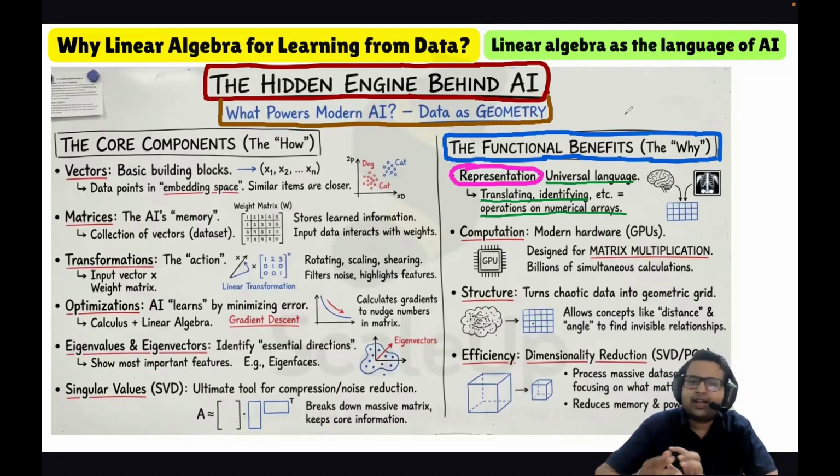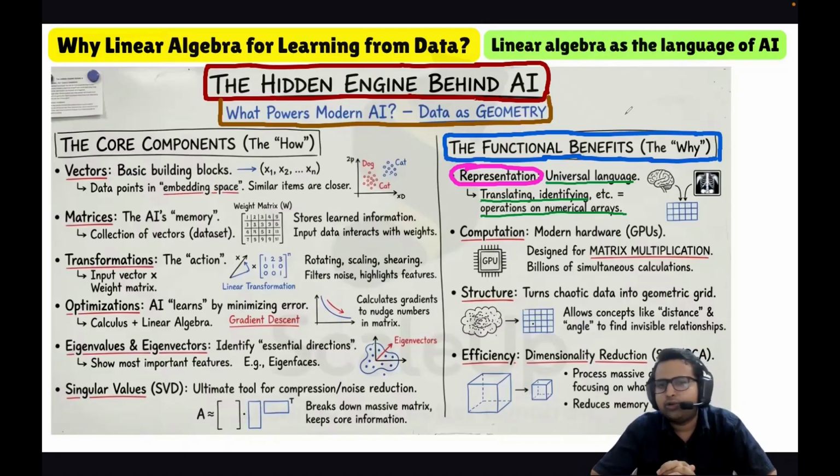Regardless of the operation you are performing, if you represent the data in the form of vectors and matrices, you can solve problems. So it's very clear why linear algebra powers modern AI: it provides the universal language to represent the data. Computation.